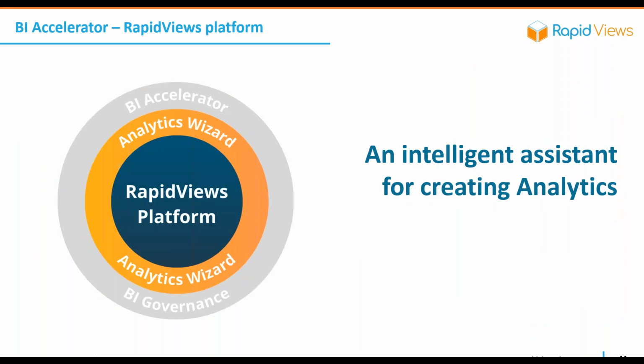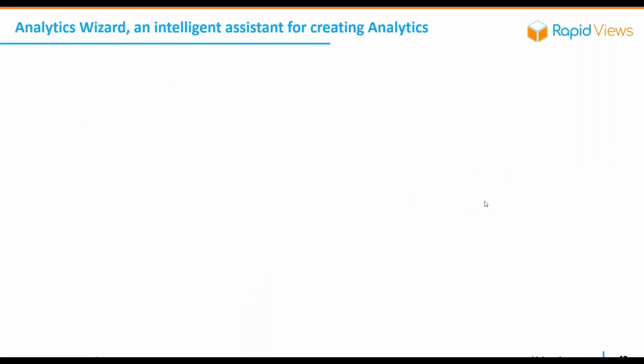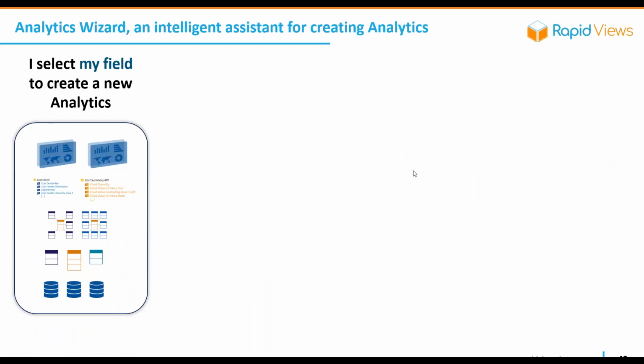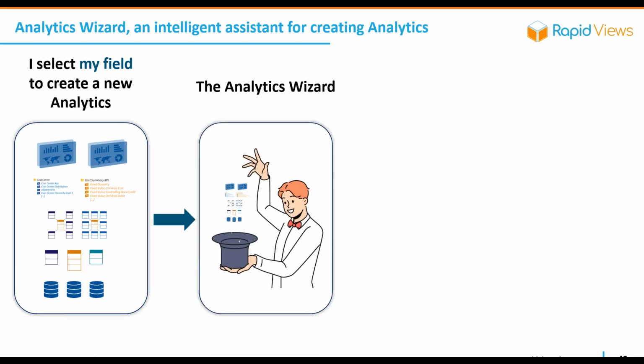And on top of that, we built this analytics wizard. This is an intelligence assistant to create any analytics. What if in the middle of your platform that contains all your own reports or all your own views, plus all business content, plus all the CDS views from SAP, plus all the tiles from SAP, everything? What if you could drag and drop any component in a kind of wizard, right?